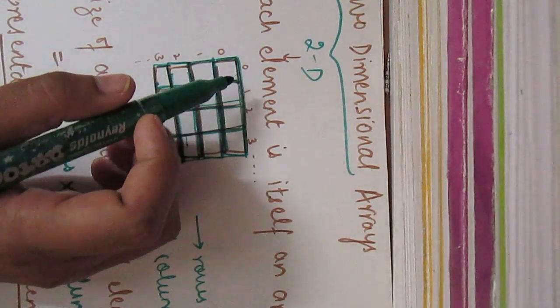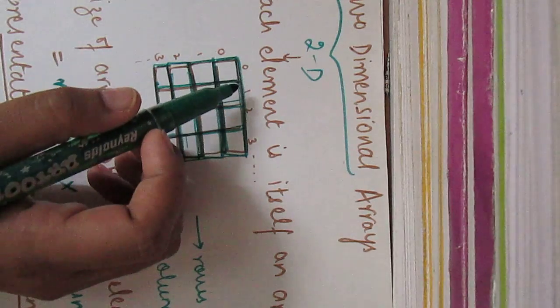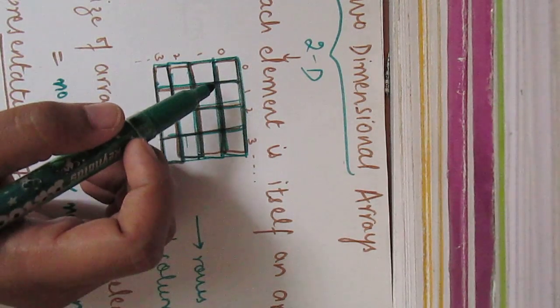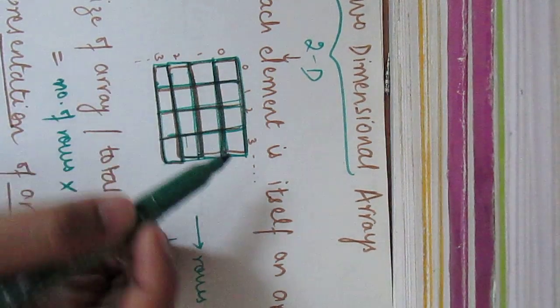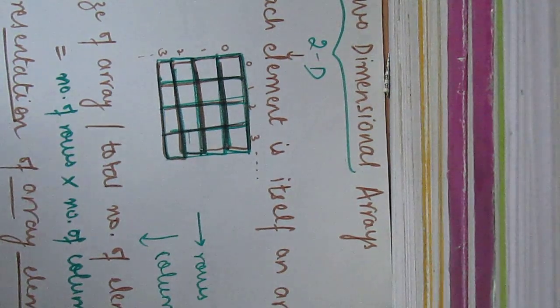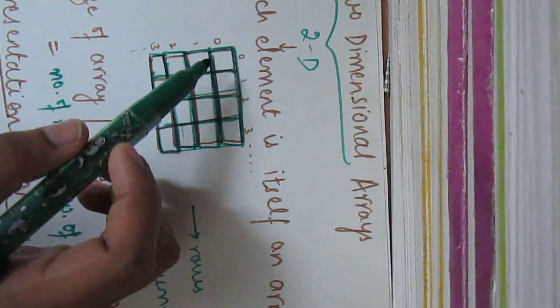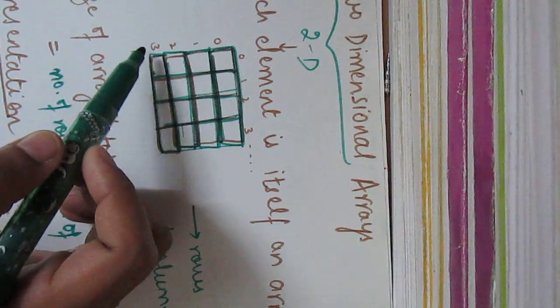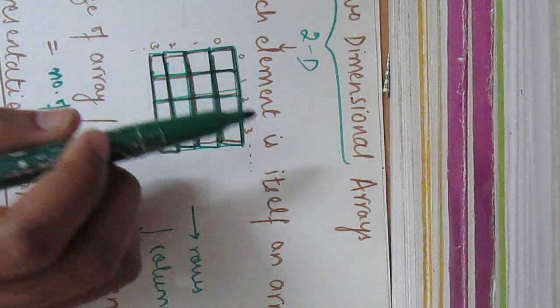Here I have labeled the matrix. I have given the index 0, 1, 2 and 3 because it has 4 columns, so we'll number it from 0 to 4 minus 1, that is 3. The same goes for the rows. I have labeled them 0, 1, 2 and 3. There are 4 rows and 4 columns.